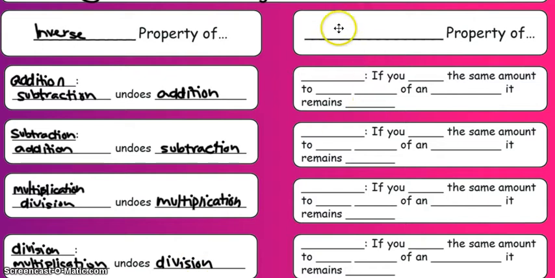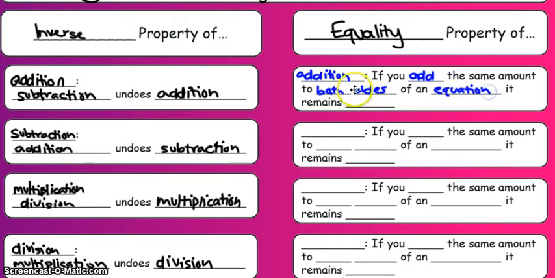Alright, over on this right hand side we have the equality properties. The equality property of addition: if you add the same amount to both sides of an equation, it remains equal.